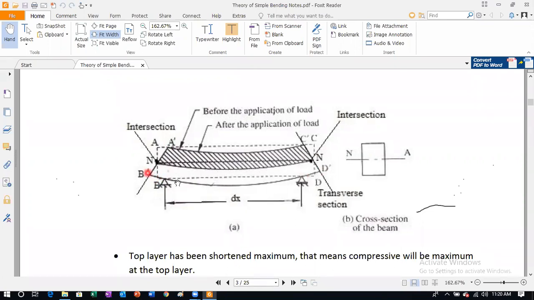So we can easily conclude from this that BD length is smaller than B dash D dash. That's why we can say that the BD fiber, that is the lowermost fiber of the beam, is getting into tension and it is expanded. So the fibers below the neutral axis are expanding and the fibers above the neutral axis are getting compressed after the application of load, right.